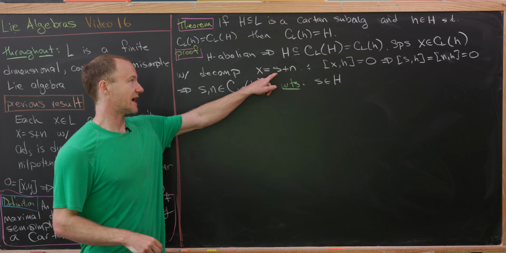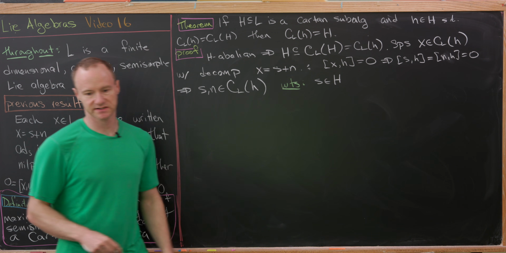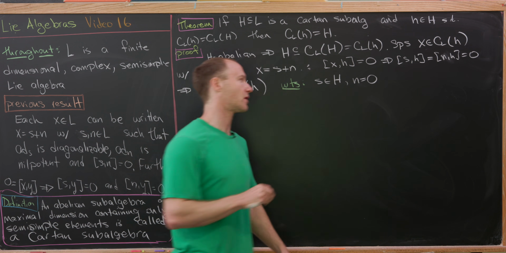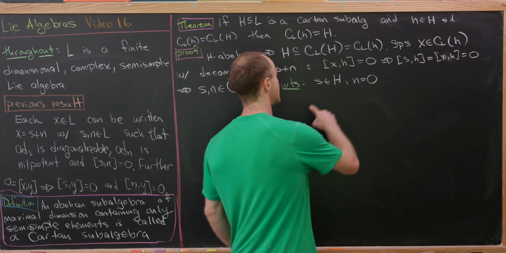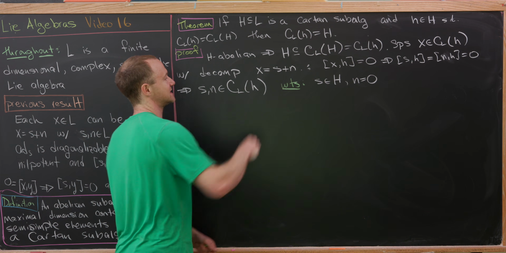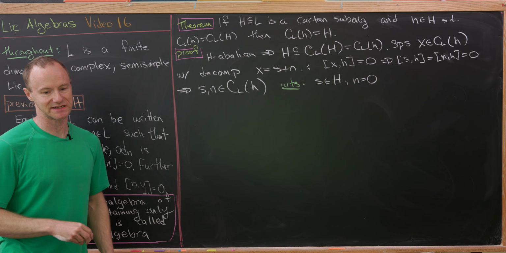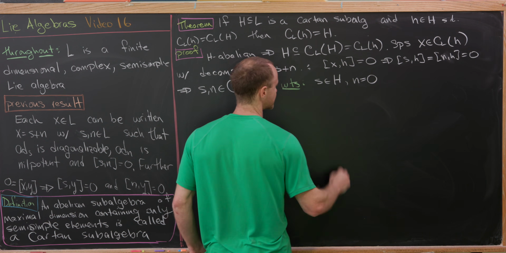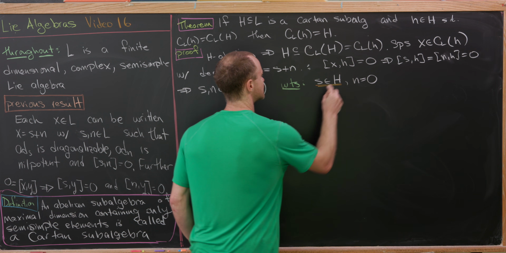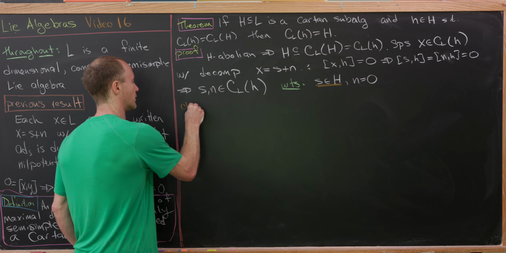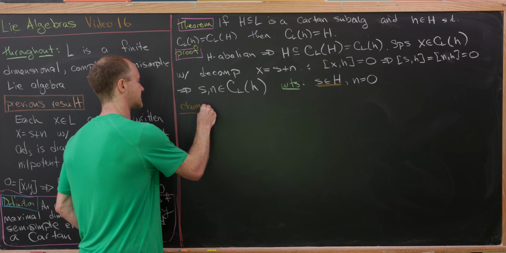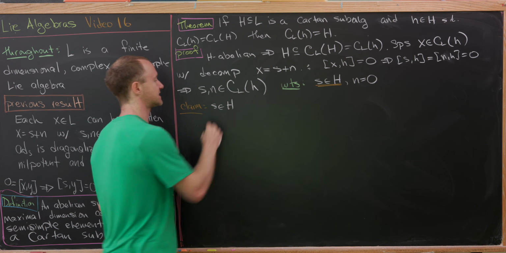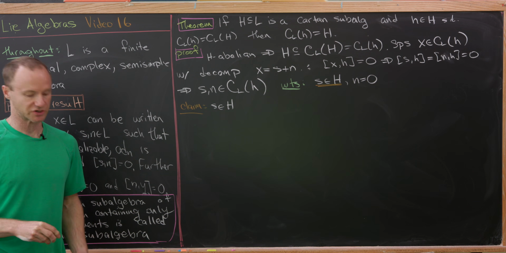But like I said, S is the semi-simple part of X. And then if we can also show that the nilpotent part is 0, then that'll show that this X is inside of H as needed. Okay, well, let's maybe do this first part first. So in other words, we'll prove that this semi-simple part of X is inside of the Cartan subalgebra.